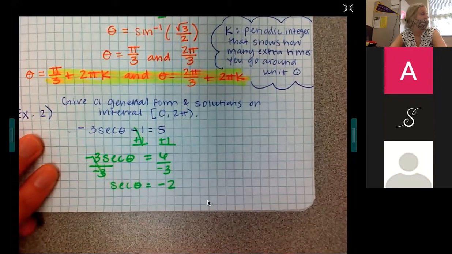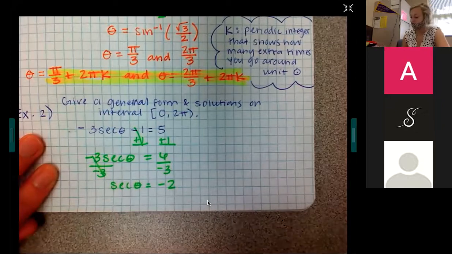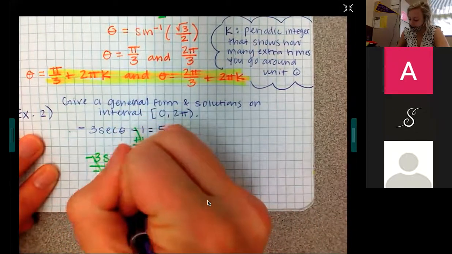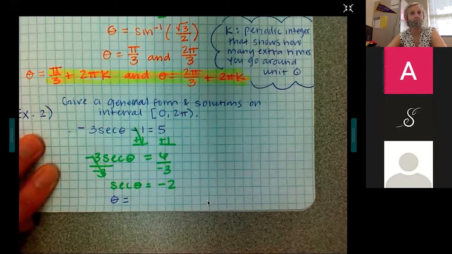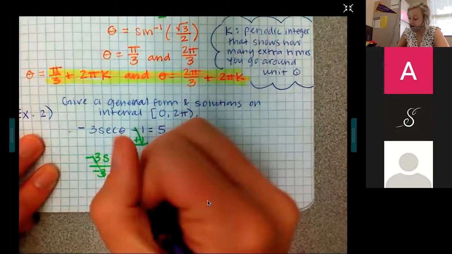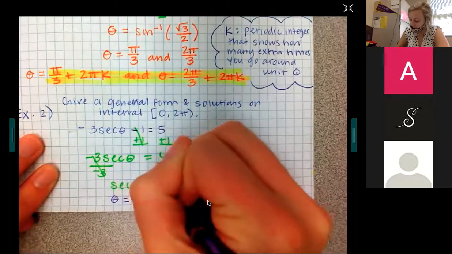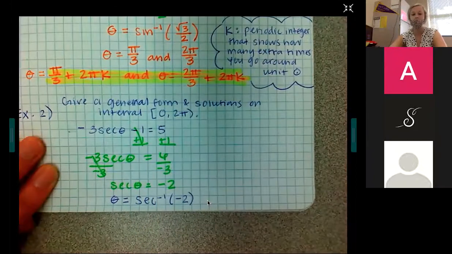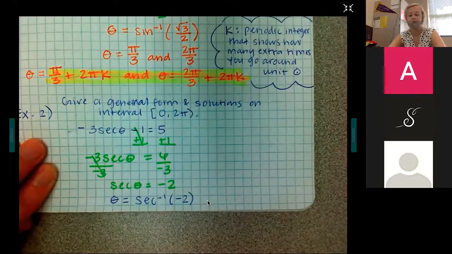We need to get just theta, not secant of theta, just theta. So to get just theta, what's the opposite of taking the secant? Secant inverse. So theta is going to be the secant inverse of -2. I didn't say find the inverse function. I said solve. So I want all the angles where this happens.